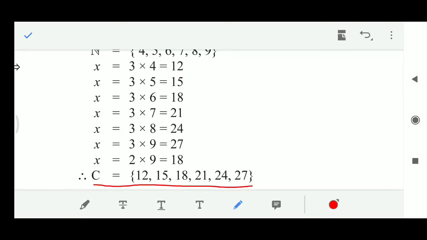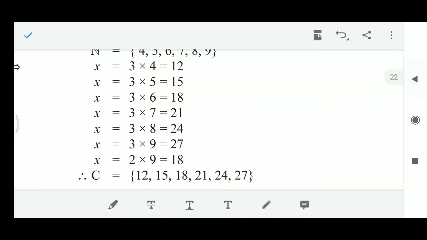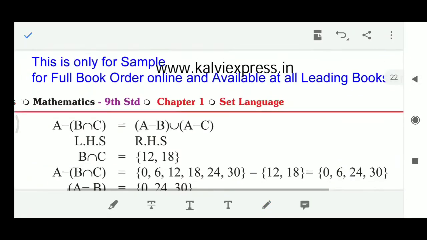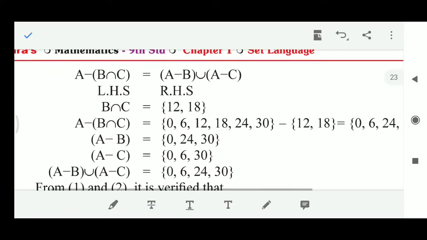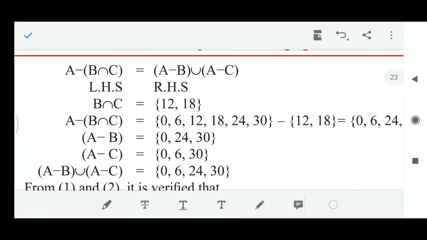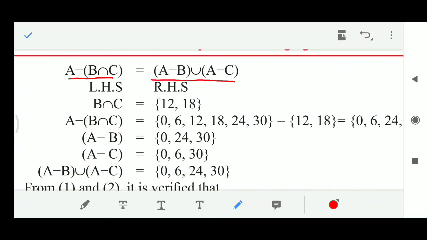Now using these three sets A, B and C, we will verify A minus (B intersection C) is equal to (A minus B) union (A minus C). For that, on the left hand side, first we are going to find B intersection C. That is the common elements between B and C, which are 12, 18. Then A minus (B intersection C).